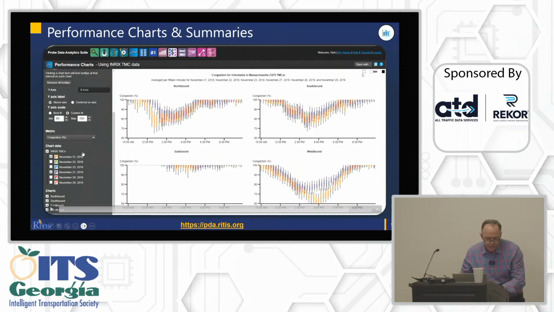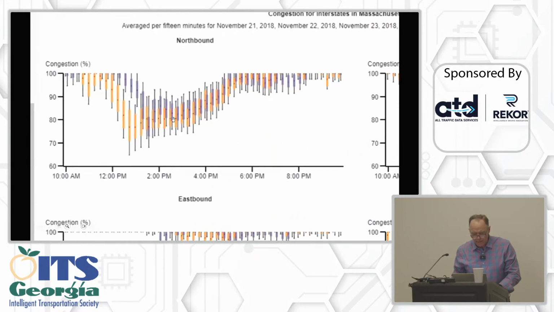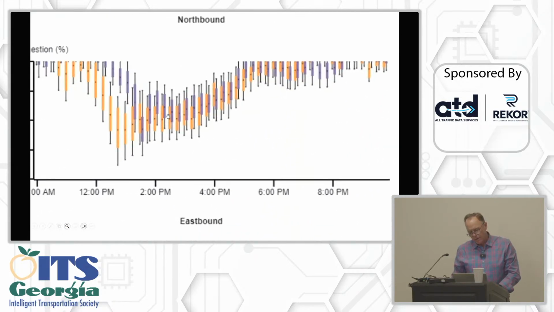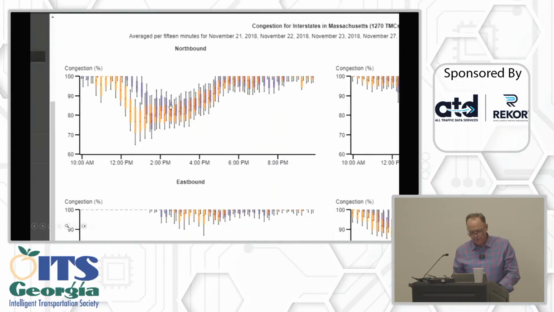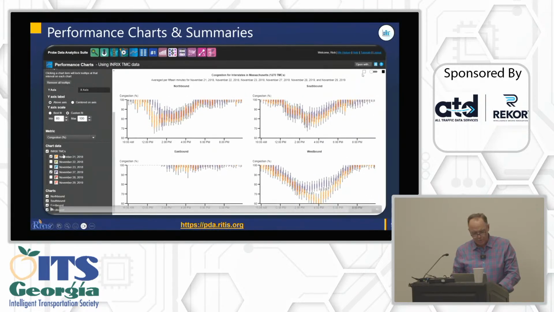Right now I'm looking at percent congestion, basically days in and around Thanksgiving. If I zoom in here, this box and whisker chart has orange and purple, so I'm only looking at two days, November 21st and November 27th.